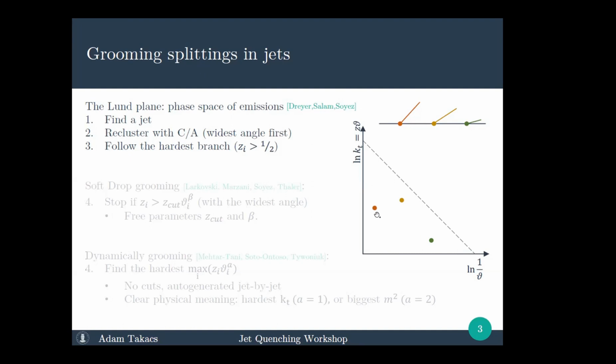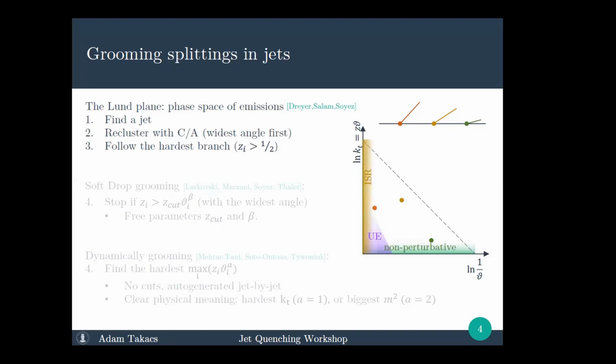And what you're going to see is that the angle is going to decrease in the subsequent splittings. The reason why the Lund plane is useful is that different regions of the phase space separate different physics inside the jet.